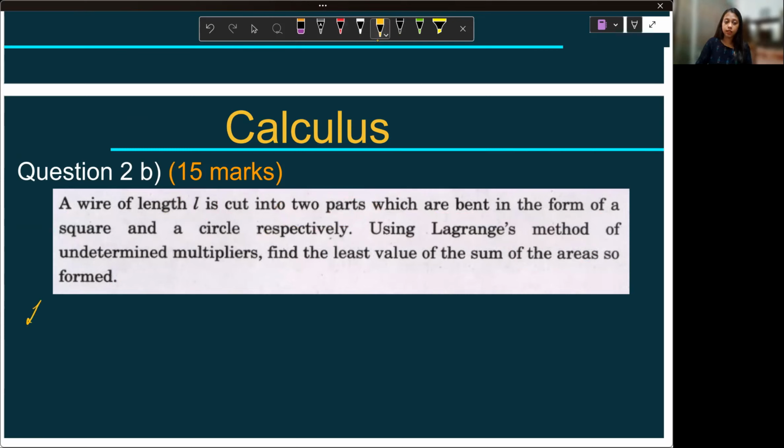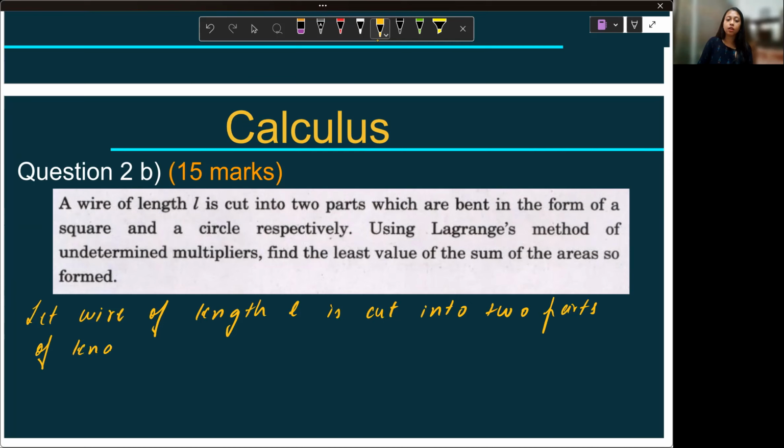So let us take, let a wire of length L be cut into two parts of length x and y, right?